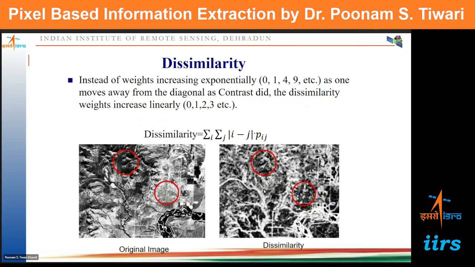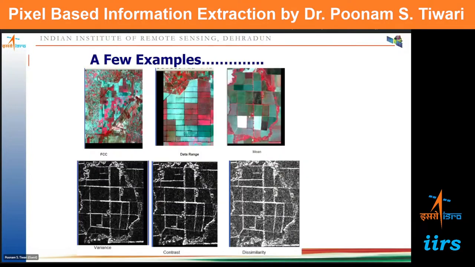Then we have dissimilarity. Dissimilarity is also similar to contrast, but the calculation is different. How we assign the weights to different values is different. Here we are increasing the weights exponentially. Okay. So these are a few examples.